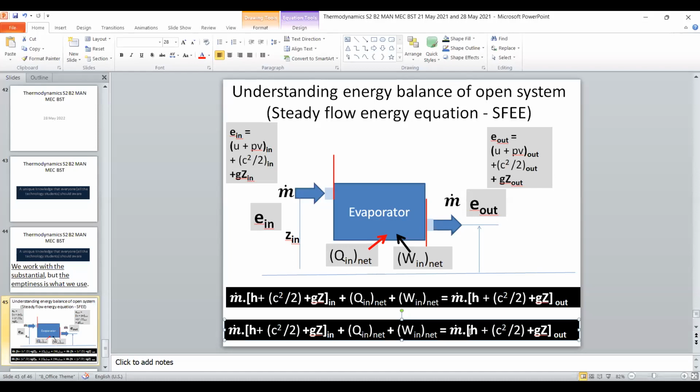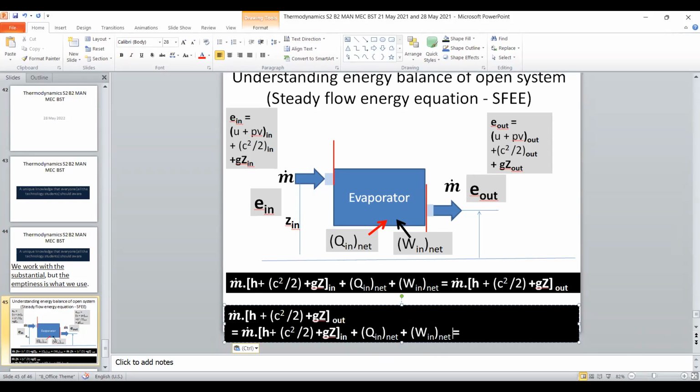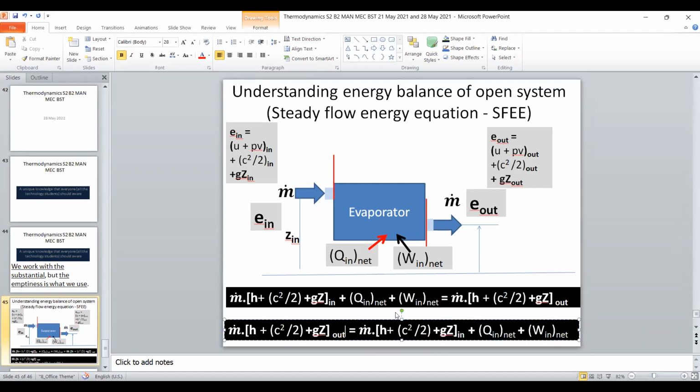So I need H out for this case. Then I just put right into left and left into right.